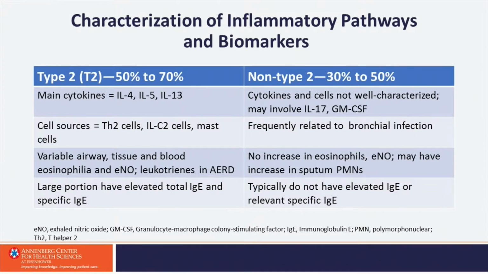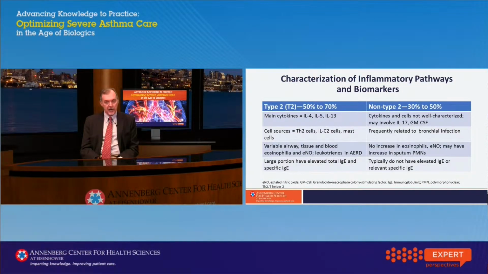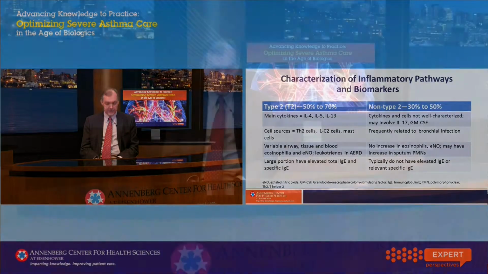And with regard to the cellular infiltrate that we find in patients with non-type 2 asthma, typically there are no eosinophils, but rather they may have an increase in sputum neutrophils, which we define as greater than 60% of the cell types in the induced sputum. And then finally, these patients are not allergic. They may have a random skin test to a select pollen, but we know that in these patients, allergy does not seem to be driving the disease, and typically there is no increase in total or specific IgE.